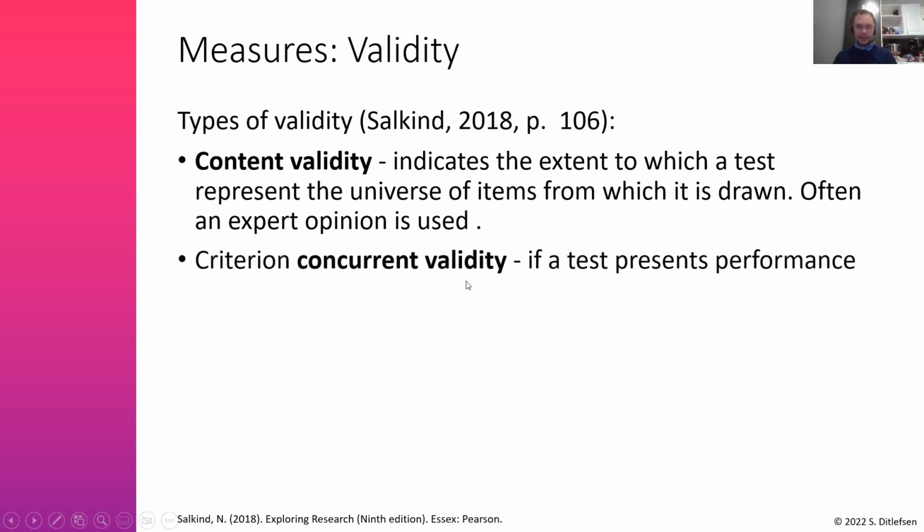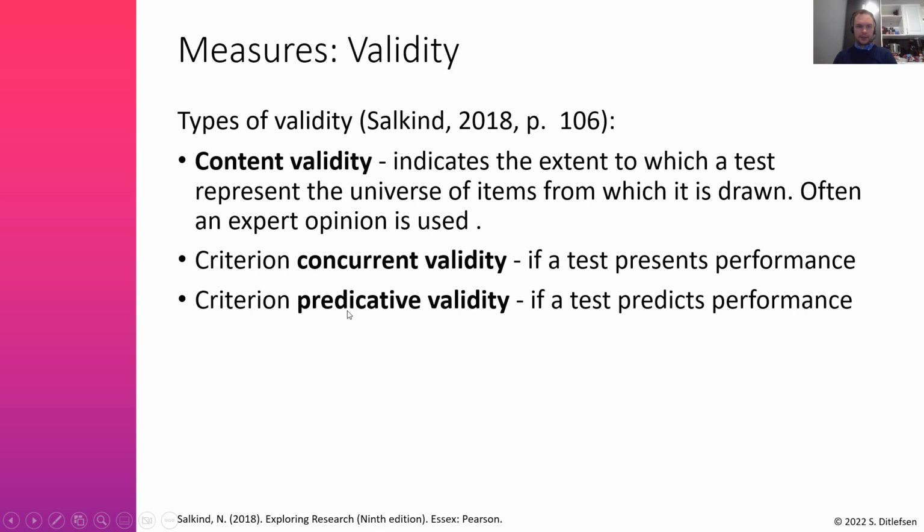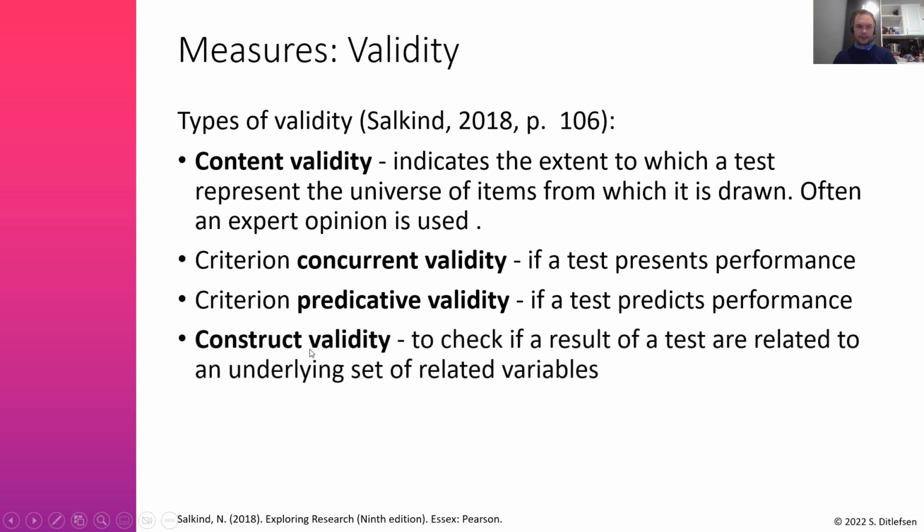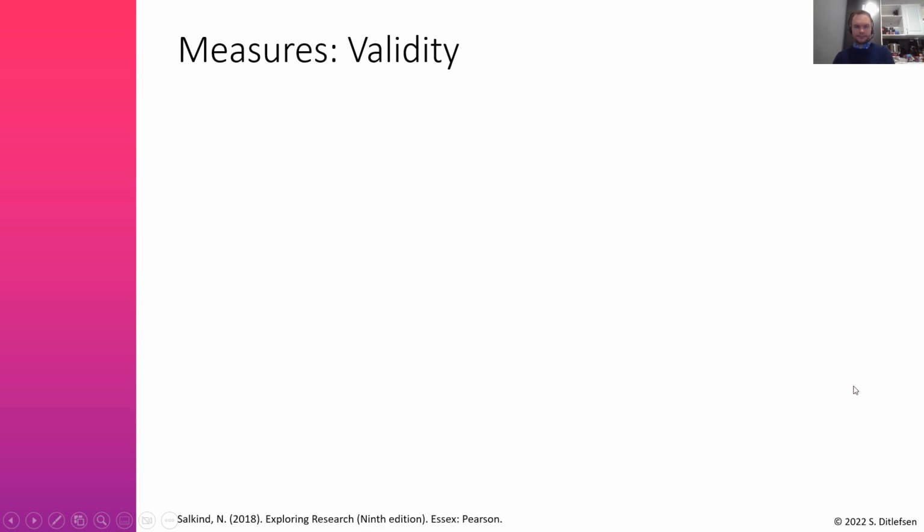Criterion concurrent validity, if a test represents performance. Criterion predictive validity, if a test predicts performance. Construct validity, to check if the results of a test are related to an underlying set of related variables.